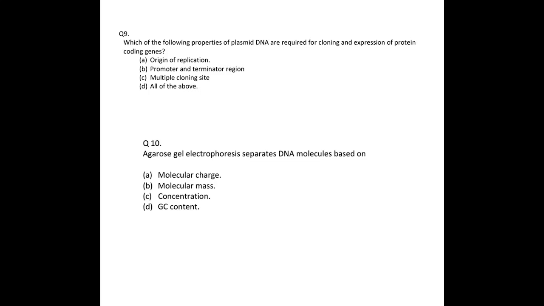To successfully clone and express a gene, the plasmid needs an origin of replication to replicate within a host, an MCS containing restriction sites for inserting the gene, and promoter and terminator regions to drive or stop the transcription of the gene into mRNA. So we need all of the above, right?